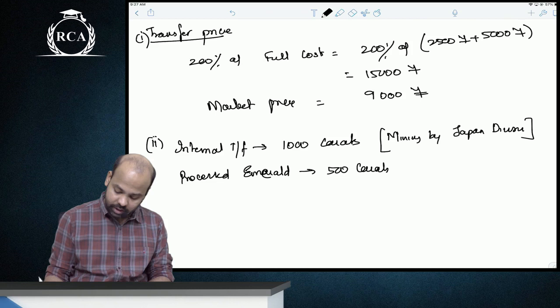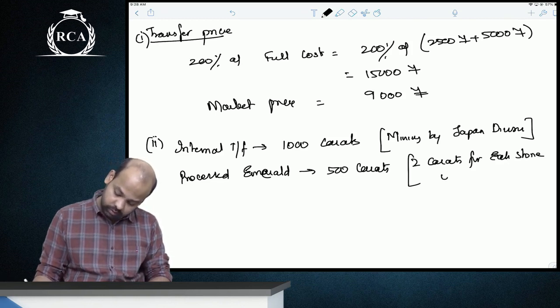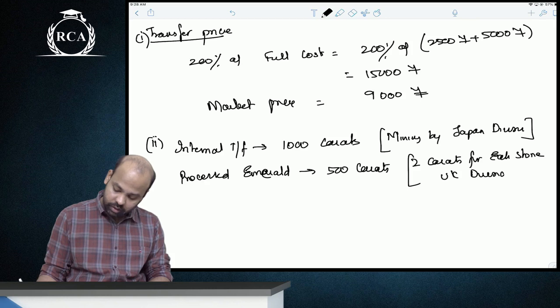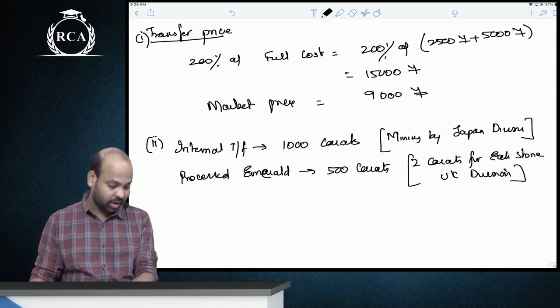How 500 carats? 2 carats for each stone. This would be the output of the UK division. Let us not forget that there should be internal transfers as well, guys.